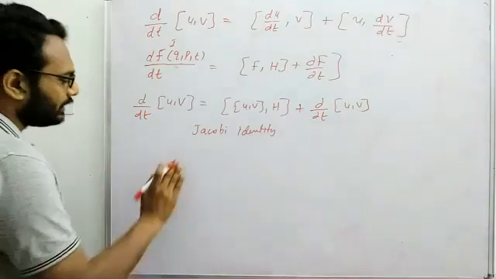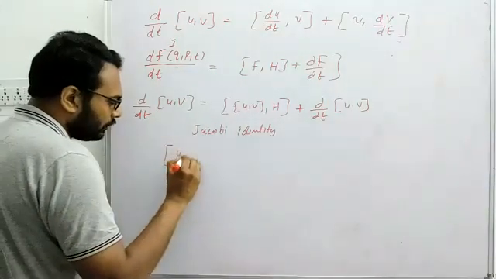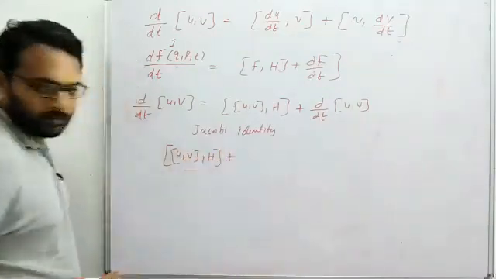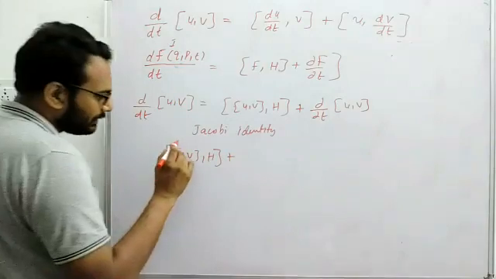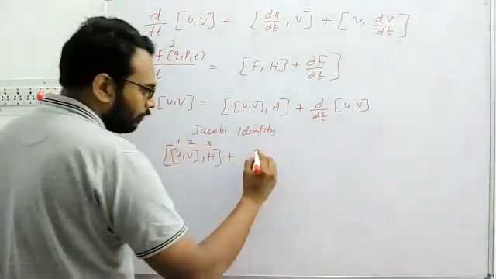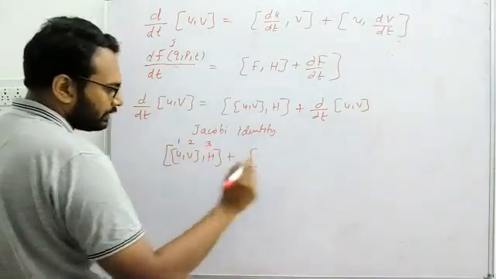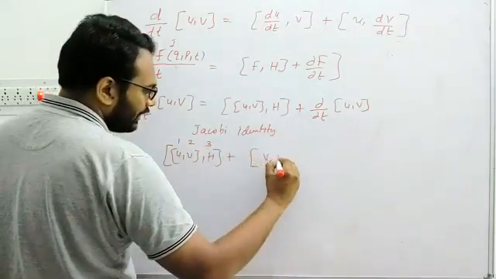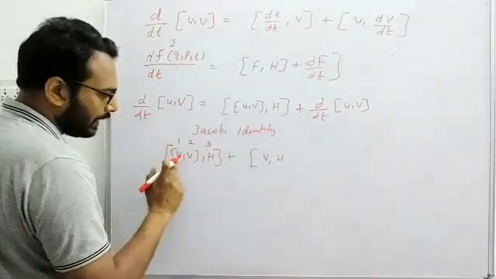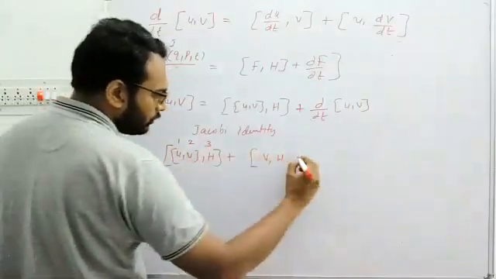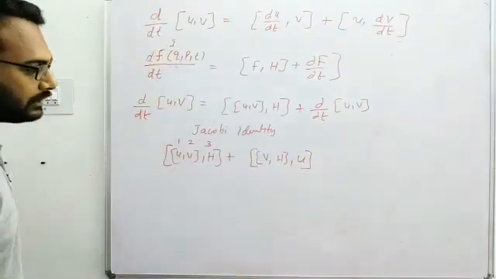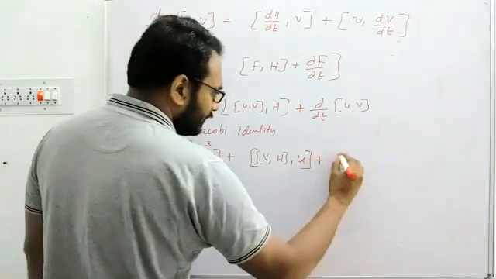So what's the Jacobi identity? It says {{u, v}, H} plus the cyclic permutations. Let's take this as 1, 2, 3. The next is 2, 3, 1, so {{v, H}, u}. Then 3, 1, 2, so {{H, u}, v}.